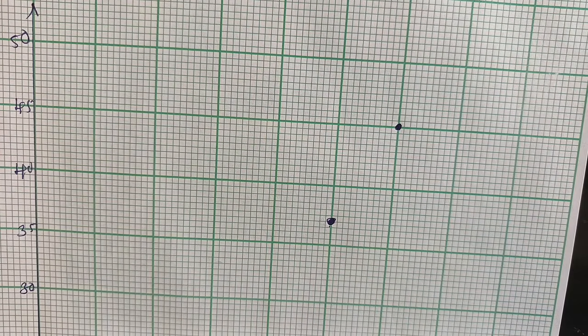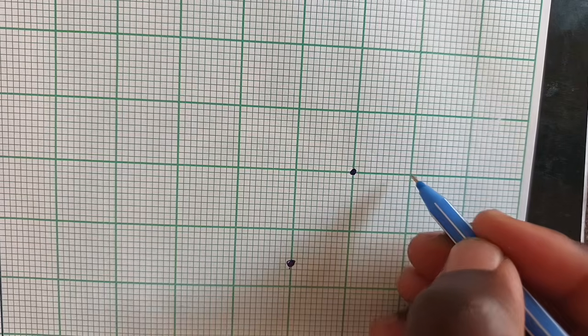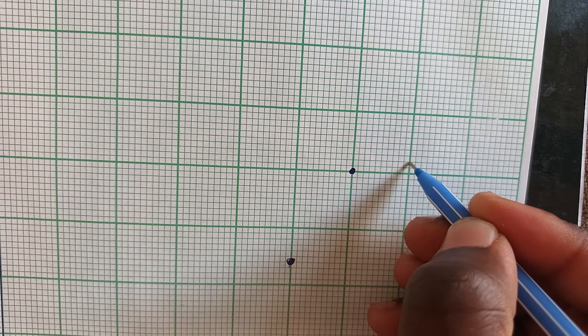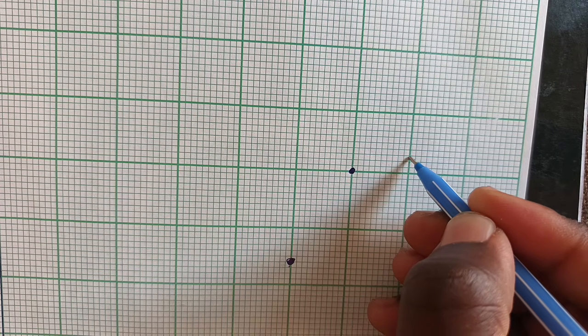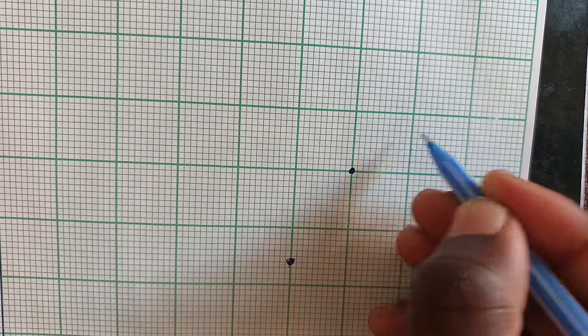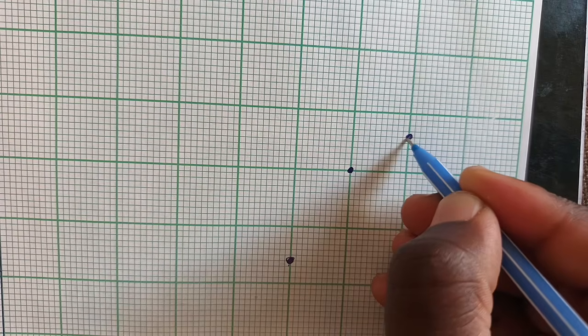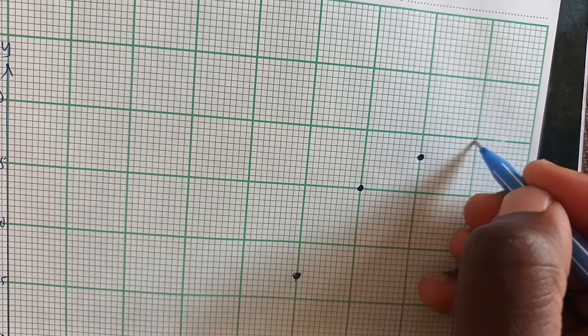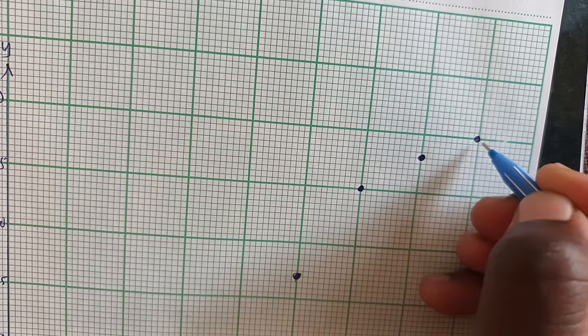Next one is 70,48. So this is 45, 45.5, 46, 46.5, 47, 47.5, 48. So this is where 48 is. And lastly, it's 80,50, which is this one right here.